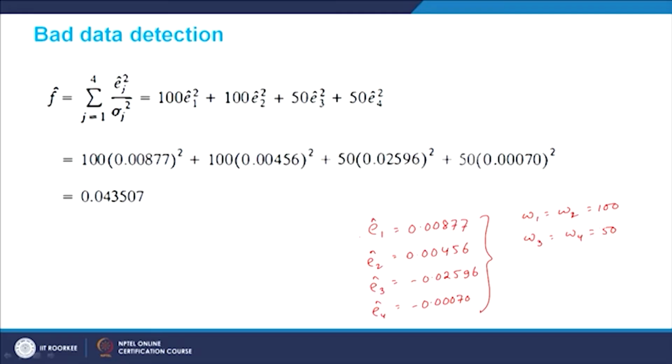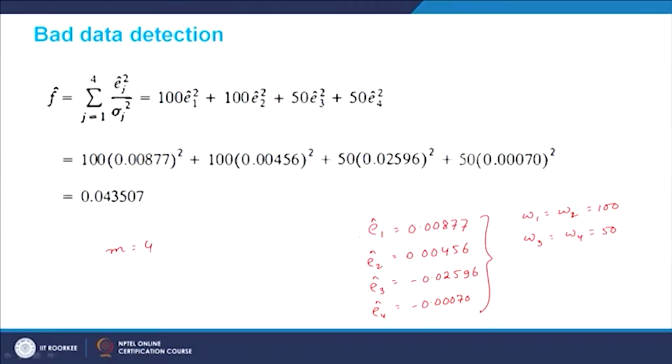So, when I utilize these values, this is the value of f hat. So, it is 100 E1 hat square plus 100 E2 hat square plus 50 E3 hat square plus 50 E4 hat square, and if we substitute these values, we get these values. Now, in our example the total number of measurements was 4, because there are 4 meters, 2 ammeters and 2 voltmeters, and my total number of states was 2.